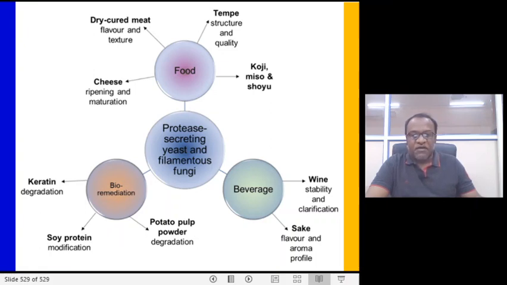Then we have the wine industry, the sake industry, cheese for ripening and maturation, dry cured meat for flavor and texture, tempeh, and koji. I have picked up only a few applications.